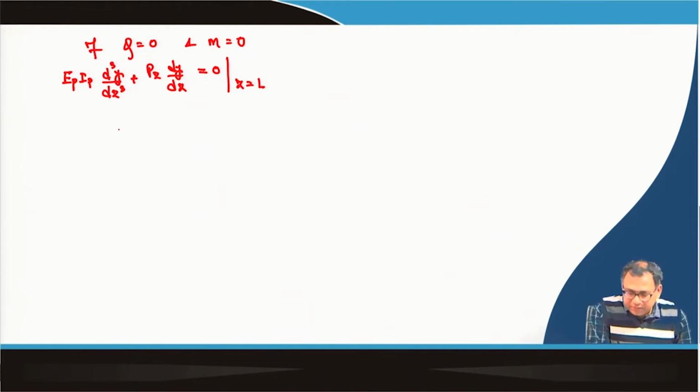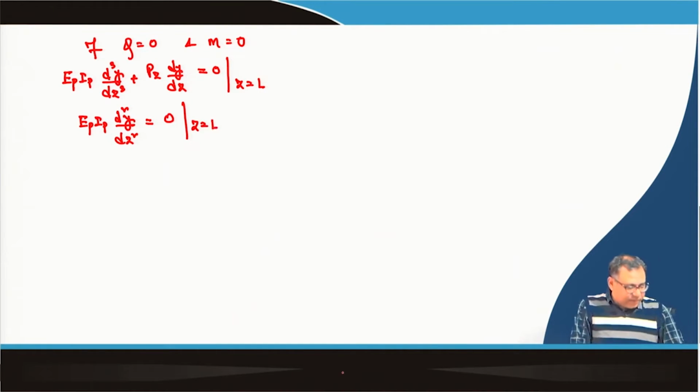Similarly, for moment equal to 0, I can write EpIp d2y/dz2 will be 0 at z equal to L.